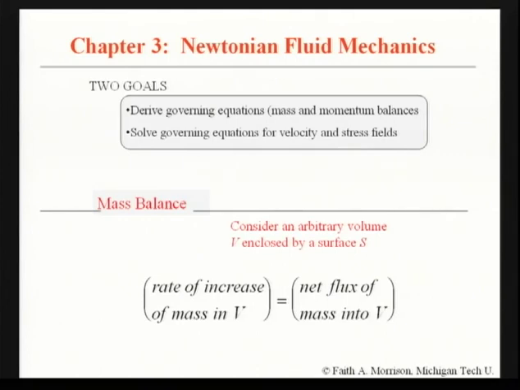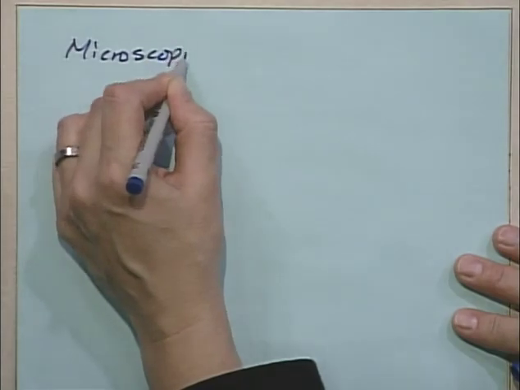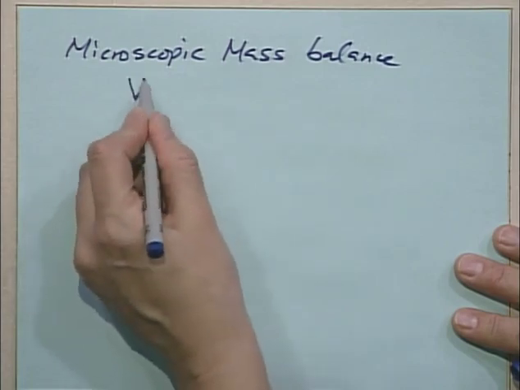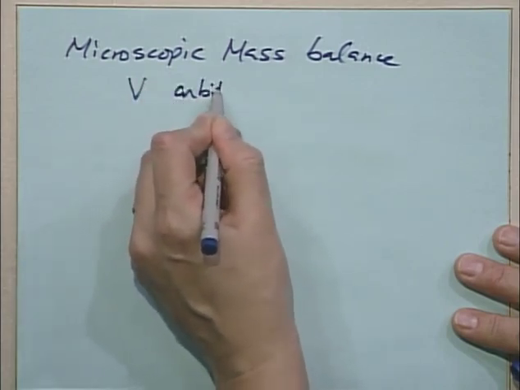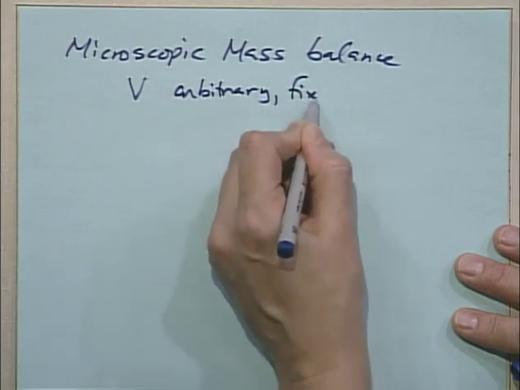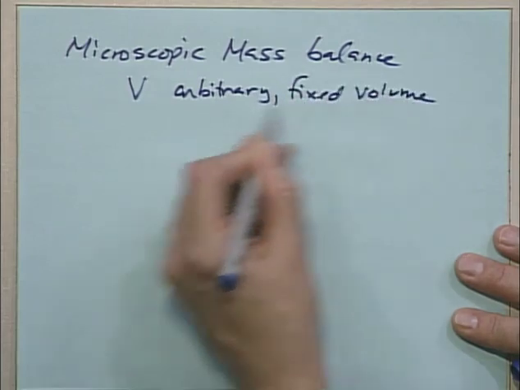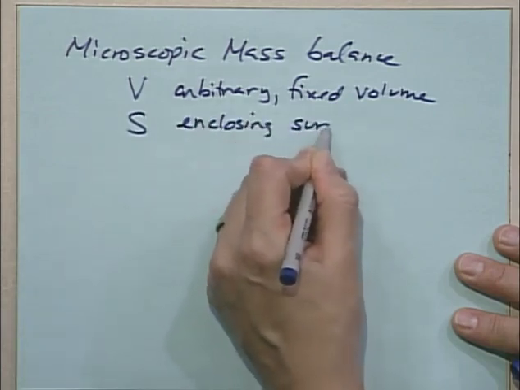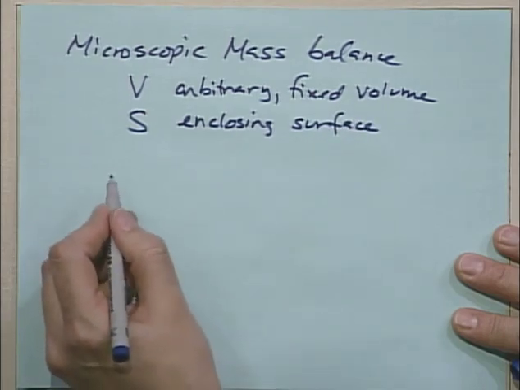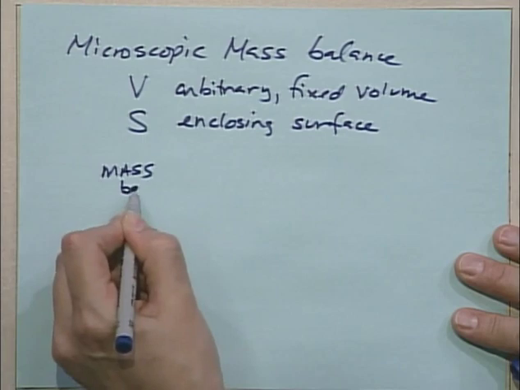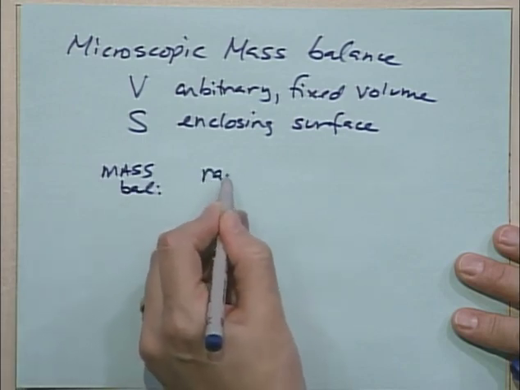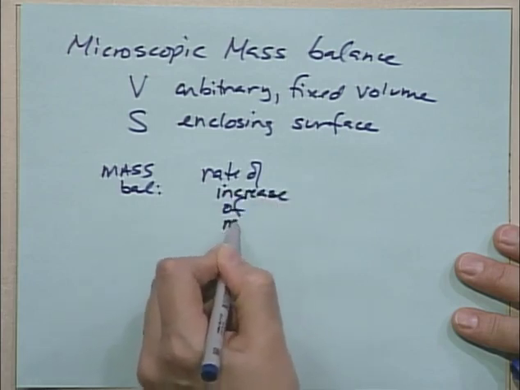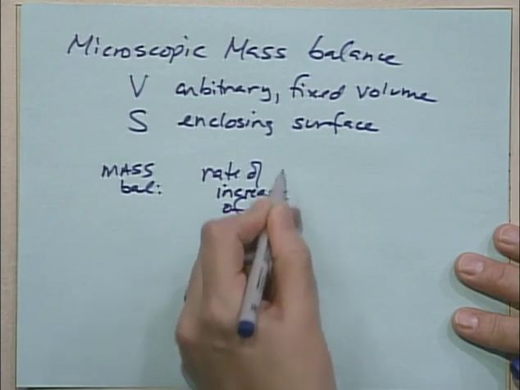So we're going to do what's called the microscopic mass balance. If we have an arbitrary fixed volume V, it's enclosed by a surface S. And here's the mass balance. Rate of increase of mass in V. How does it go up?